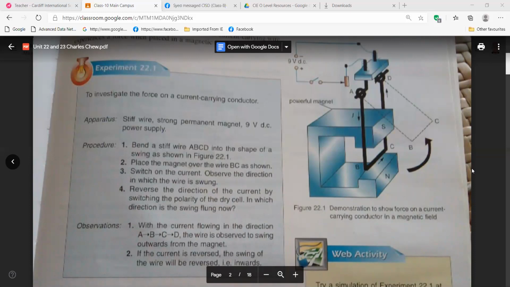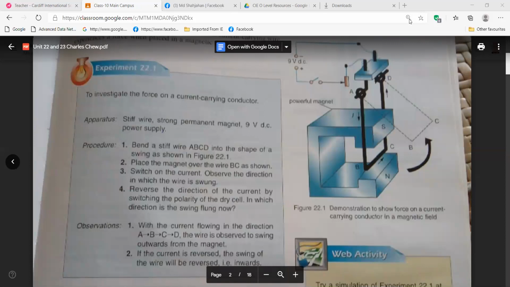Yes, sir. So from this discussion we can understand that if we make the magnetic field stronger or we increase the current, then there will be a greater turning effect, right? Yes, sir.